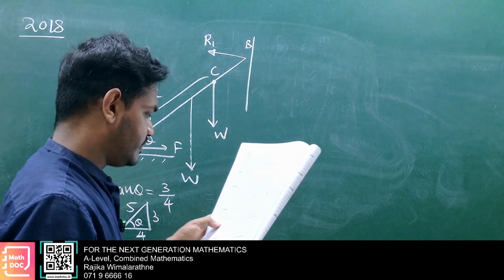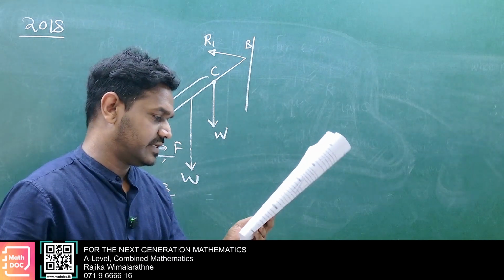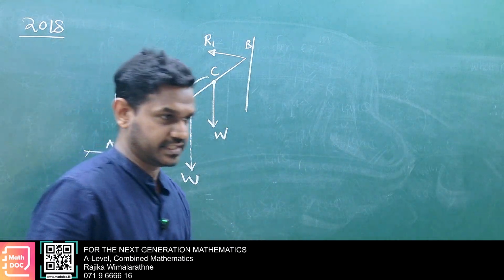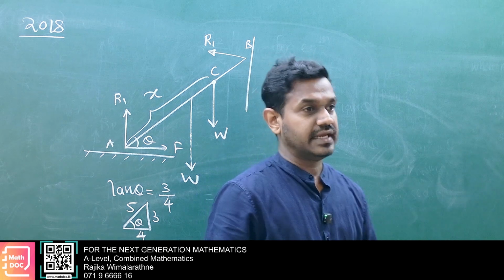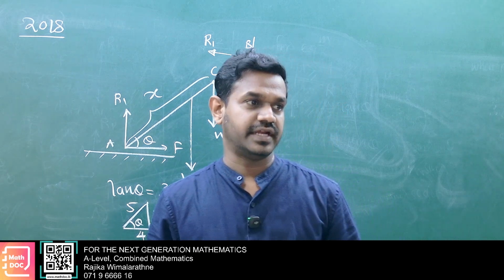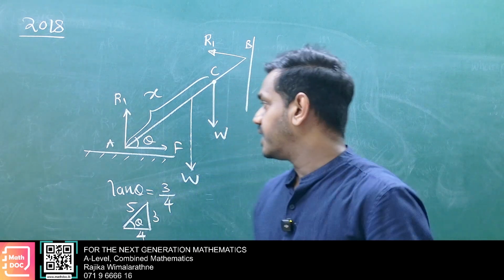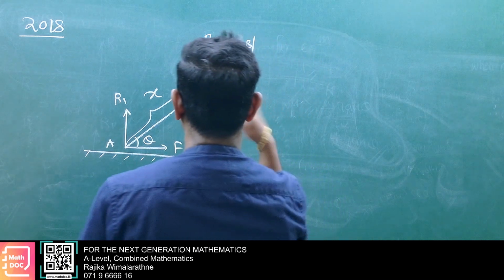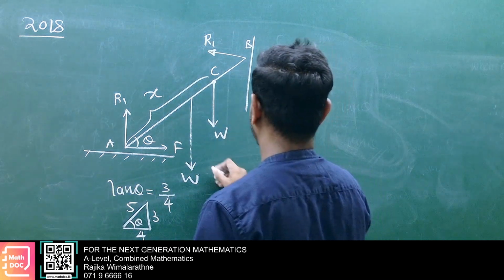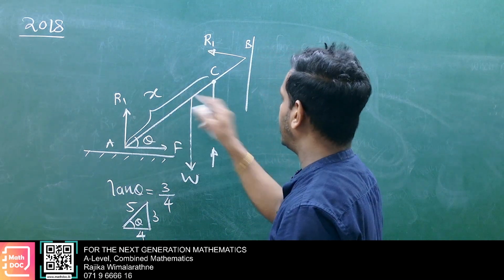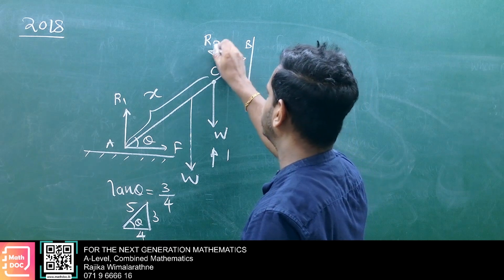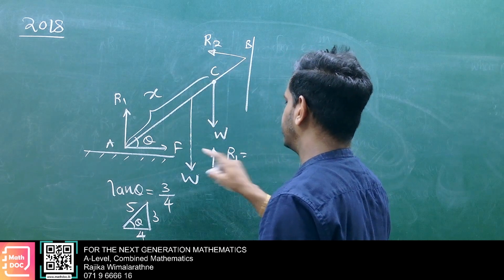Now AC is X now. Now the coefficient of friction is 5/6. So anyway here we have to get an inequality. We take that one using mu greater than or equal to F divided by R, no? Okay, then you find F and R. Resolve vertically. R1, here R2. R1 equals 2W.